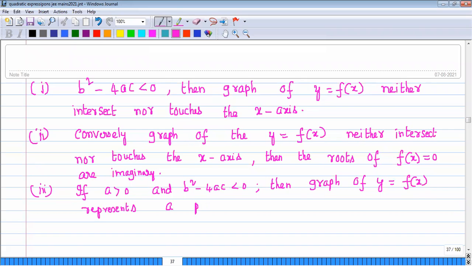It will be the shape of a parabola, and also above the x-axis, or upwards. So we can have these types of conclusions from those two graphs.